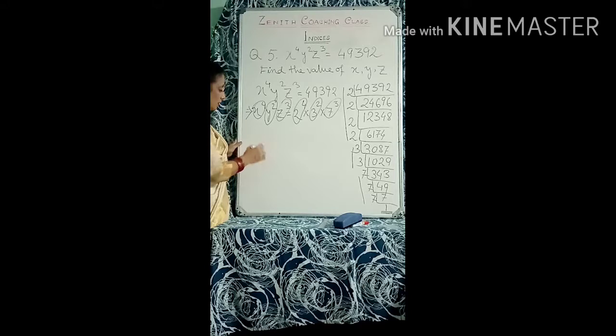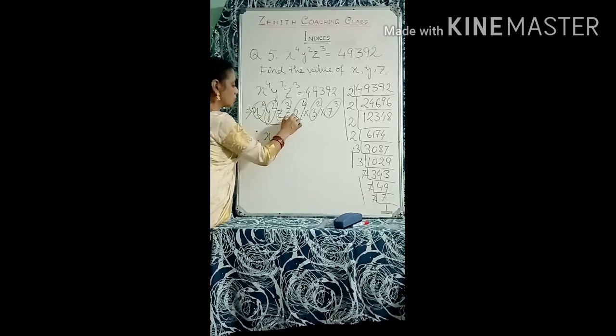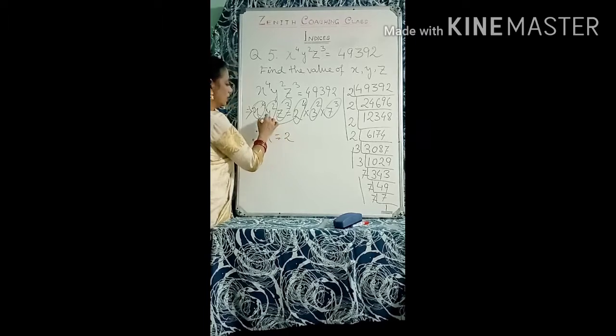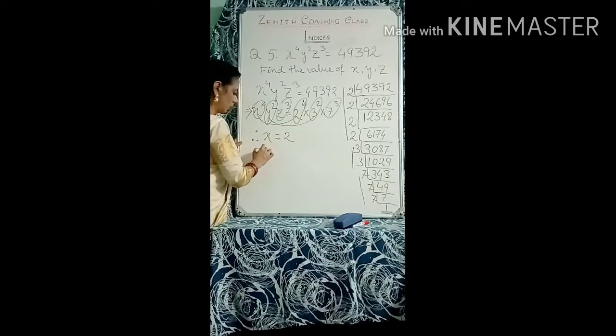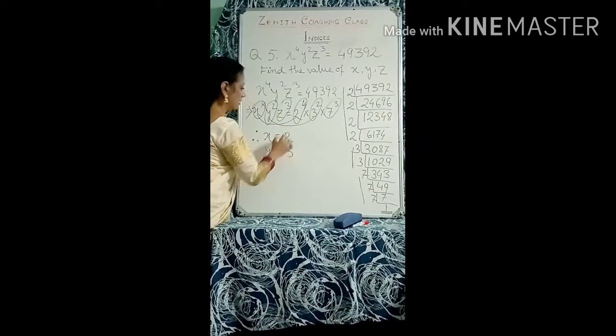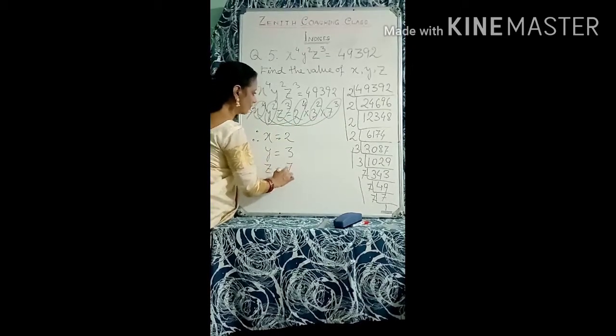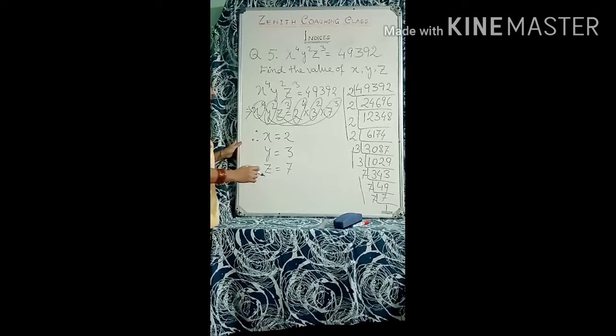The similarity is there. Therefore, cancelling the powers, we get x equals 2, y equals 3, z equals 7. So the value of x, y, z is 2, 3, 7.